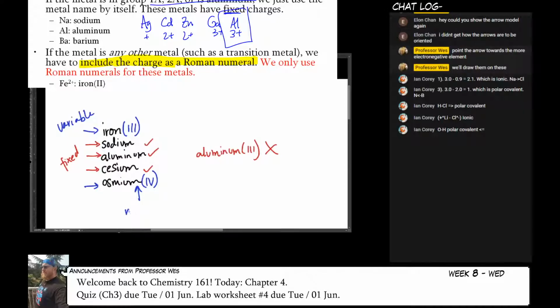Notice that there is no space between the name and the parentheses. And that the Roman numerals are capitalized.